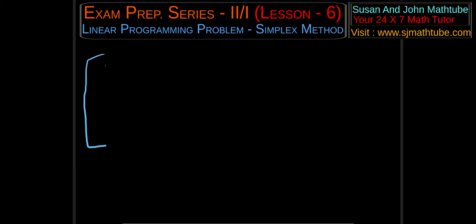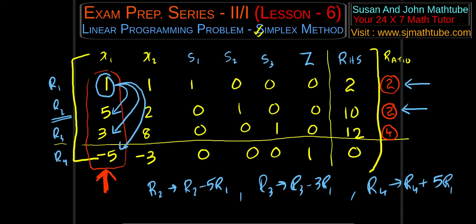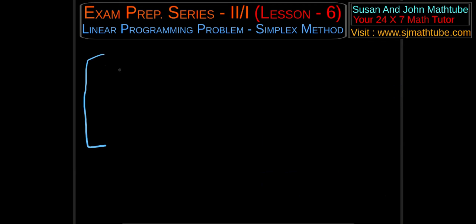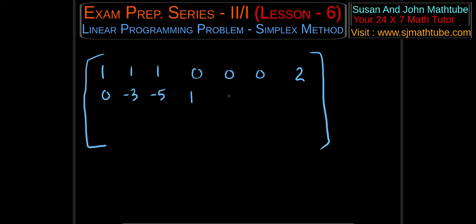There is no change in R1, so 1, 1, 1, 0, 0, 0, 2. And then I'm going to get 0 minus 3. I have already done this on paper, so I hope you're doing the same. And the next one is 0, 5 minus 3, 0, 1, 0, 6.